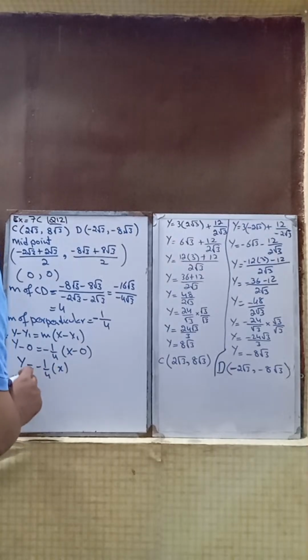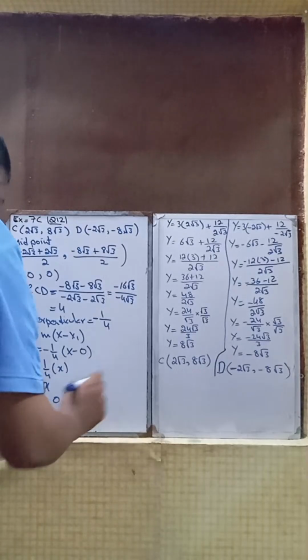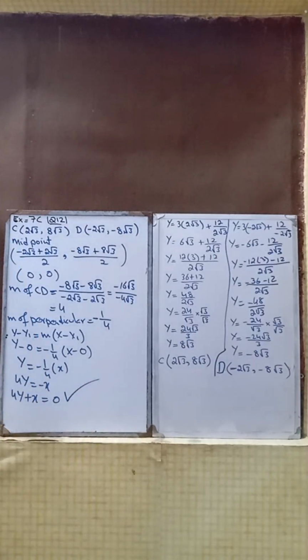So 4y is equal to minus x, so 4y plus x is equal to 0. So this is the equation. And at the back of your book, it says x plus 4y will be equal to 0. So our answer is also right. And this is how you will do question number 12 of exercise 7C.